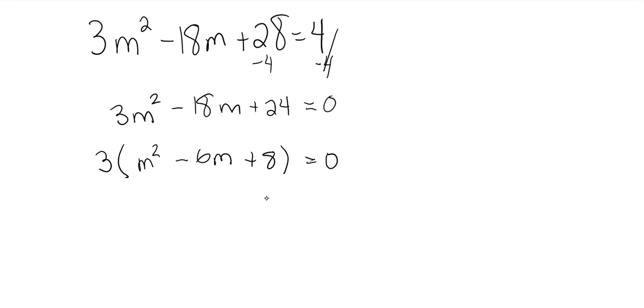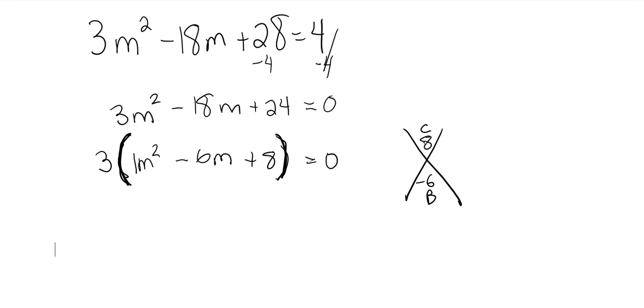From here, my next suggestion is to always try to factor your quadratic that's remaining. Notice with what's inside the parentheses now, we have an a value of 1, which makes factoring a lot simpler because you're simply looking at what two numbers multiply to give C and add to give B. So what two numbers multiply to give 8, but add to give me negative 6?